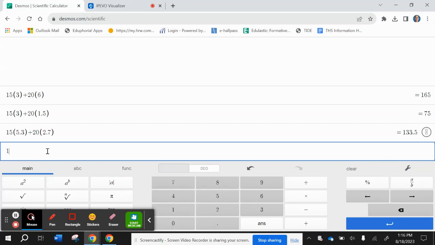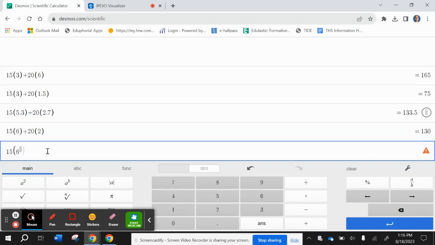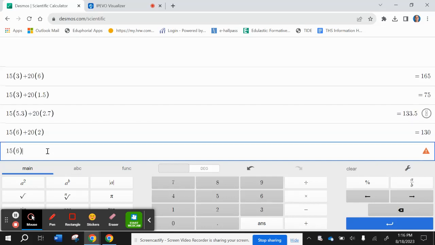And then 15 times 6 plus 20 times 2 is 130, and then 15 times 6 plus 20 times 0 is 90.